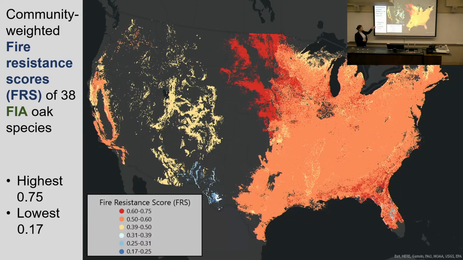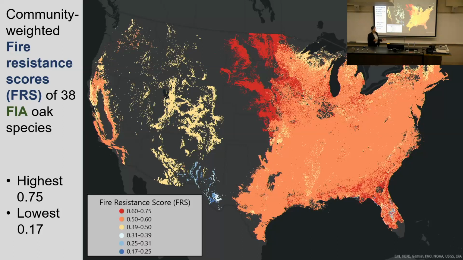Then the lowest score was assigned a 0.17. That was to the shrub growth form of Quercus minima, which is present within the Gulf Coast area, within the south into Florida as well.